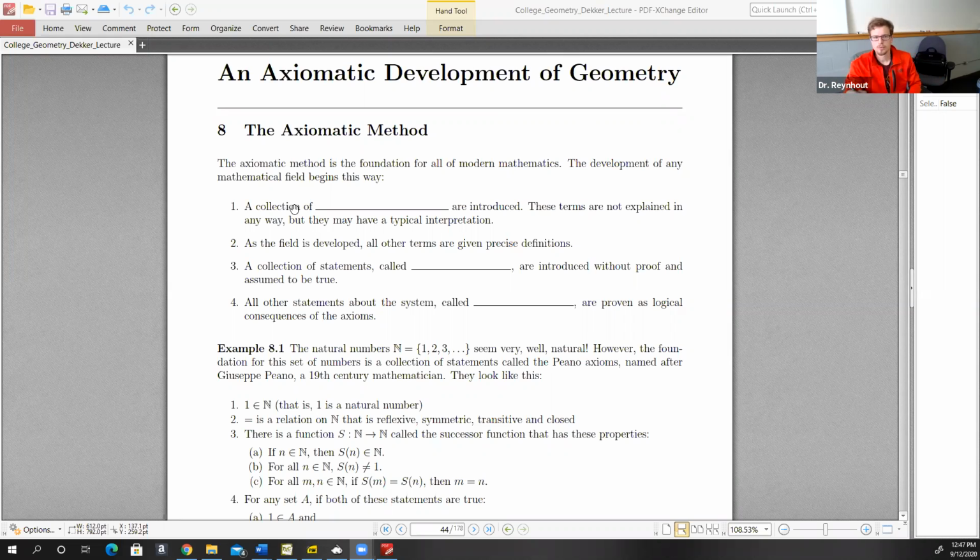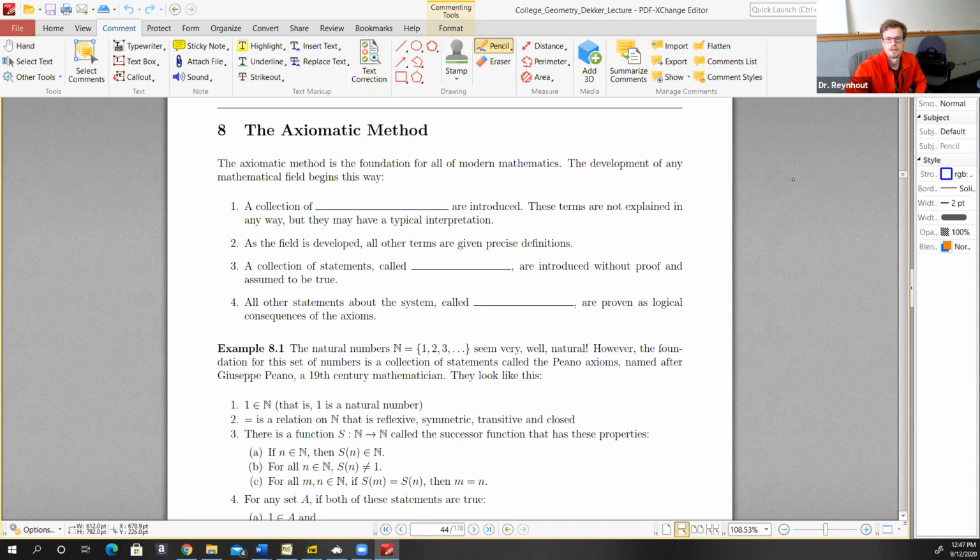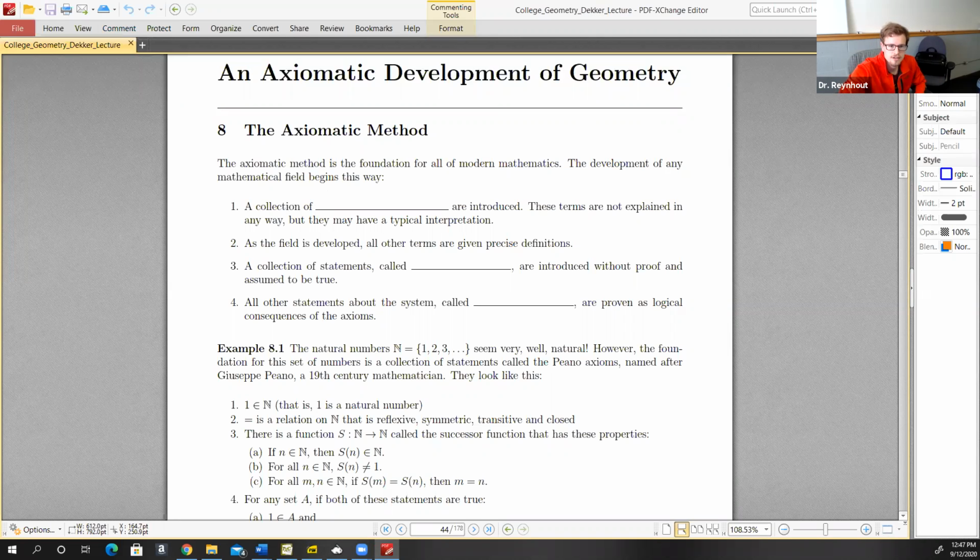So we always start off with a collection of undefined terms, like we did with point and line. The terms are not explained in any way, just left with no definition.